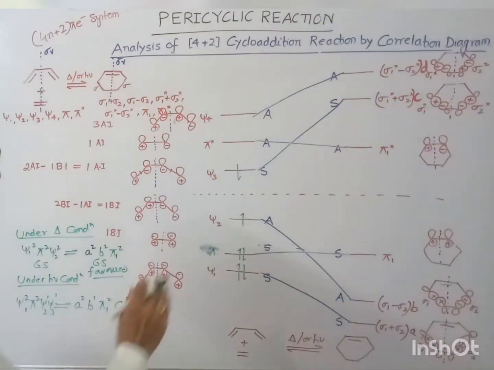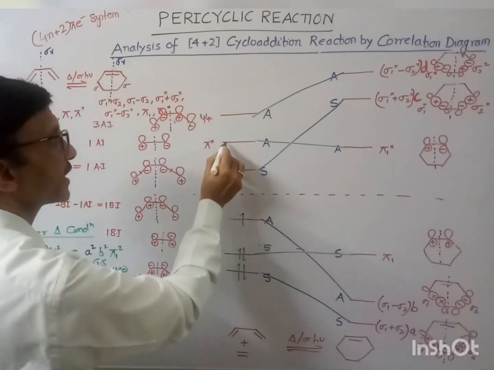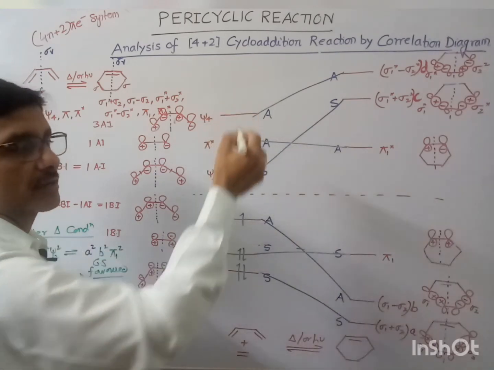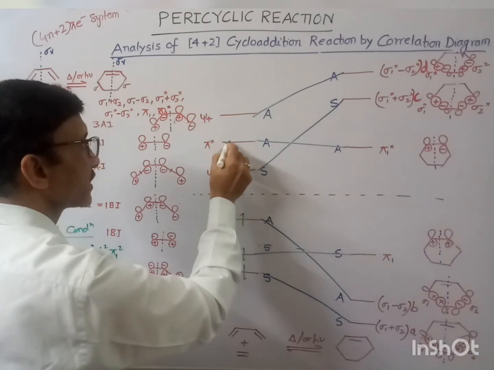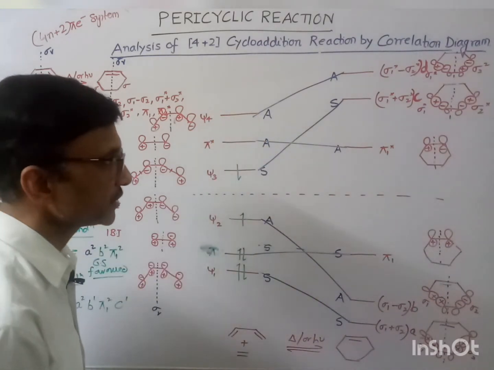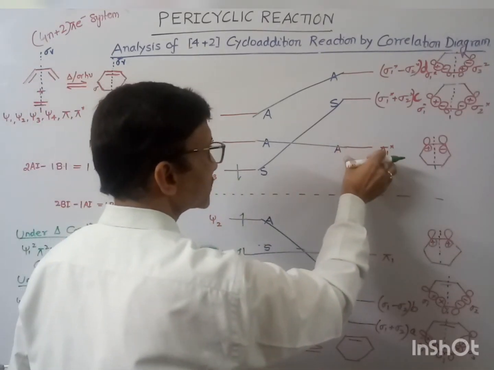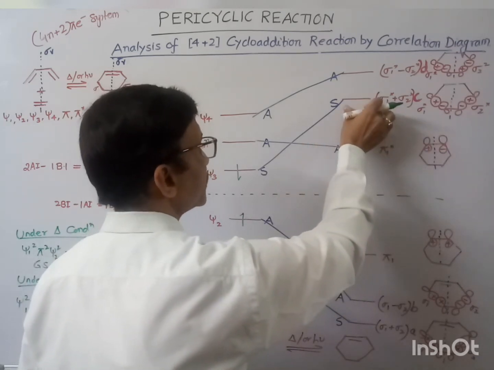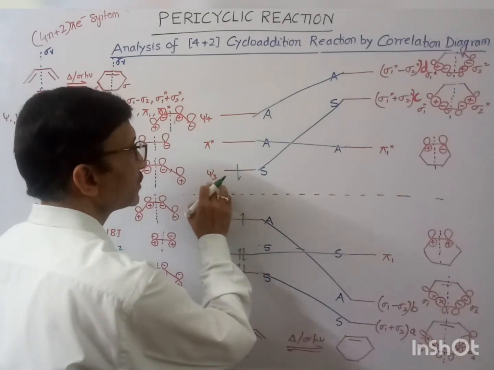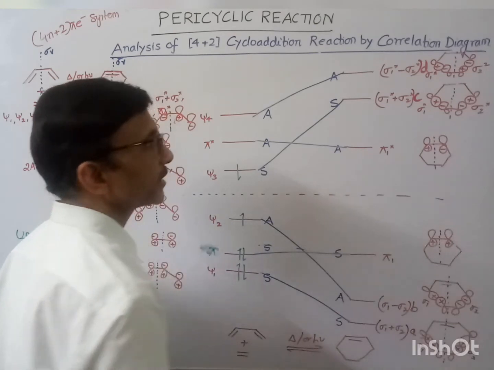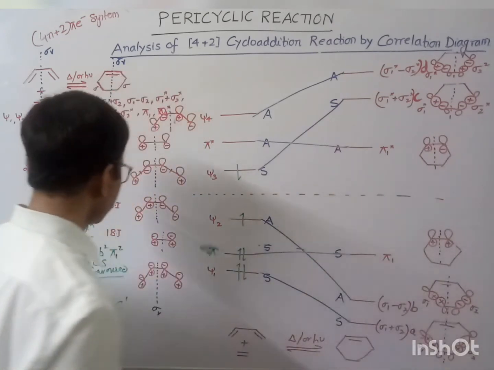Okay, so if you will see here, this is our first ground state, this is the second ground state, and this may be called the higher energy state or the third. This is the first excited state, this is the second excited state, and this higher energy excited state that we may write. So here the electron from psi3 is transferred from the first excited state to the higher energy excited state.